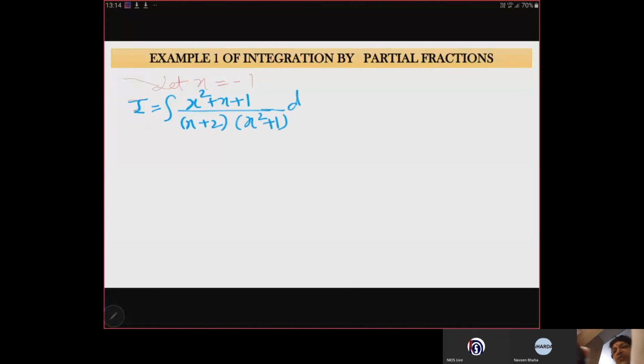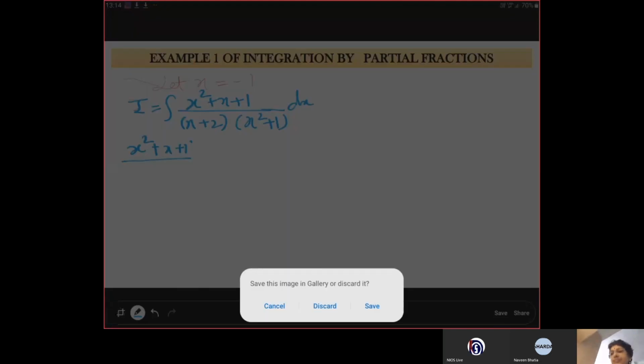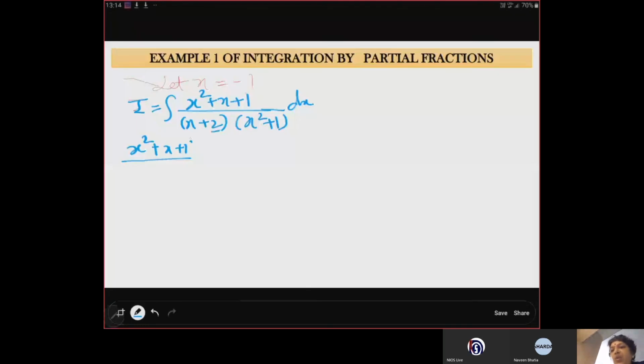Let's see how to split it into partial fractions. What is the first thing to be done? Check the degree. The degree of numerator is 2. The degree of denominator would be 1 plus 2, so that is 3. So we can split into partial fractions without doing anything else.